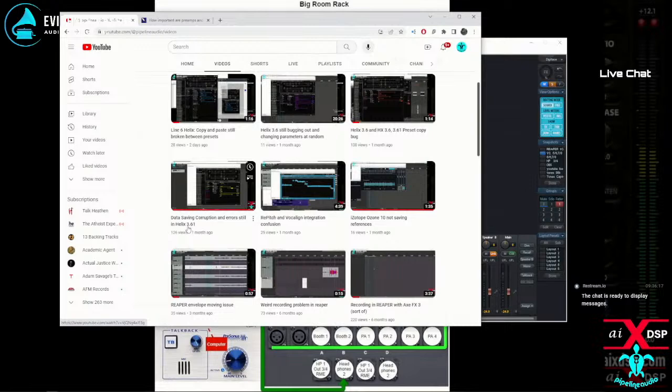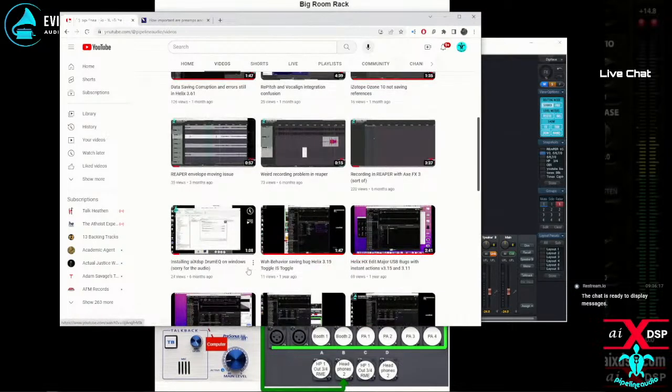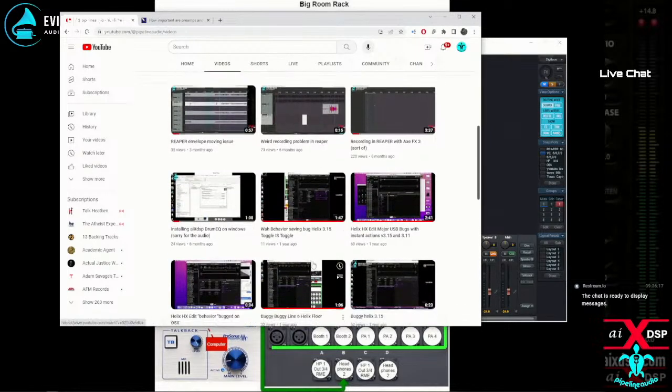Another one called data saving corruption and errors still in Helix 3.61. So there's several of these, and then, well, all the way back to when I first got the Helix, pretty much. Helix HX Edit, major USB bugs with instant actions, and so I've documented lots of data corruption in the past.